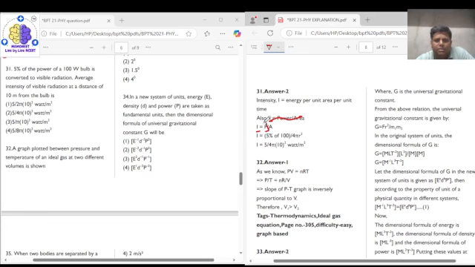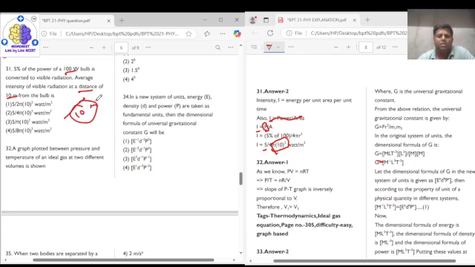The power is 5%. 5% of a 100 watt bulb means 5 watt, right? So 5 watt upon 4 pi r square, because they are giving us a distance of, sorry, 10 meter.